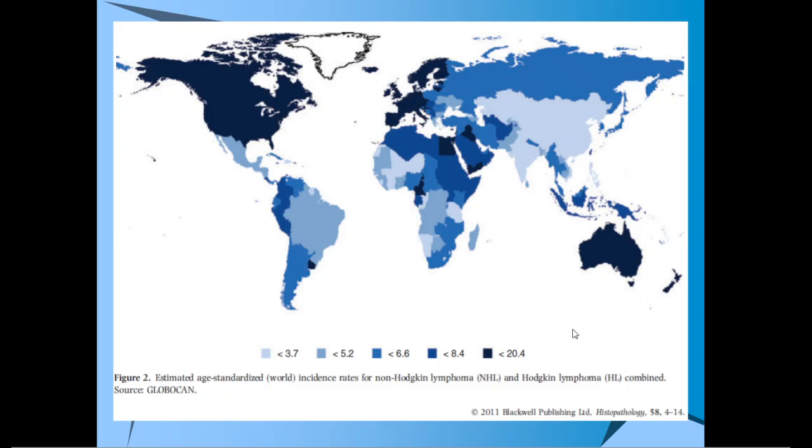This is a scheme that shows us again the incidence of non-Hodgkin lymphoma and Hodgkin lymphoma, so of lymphomas.